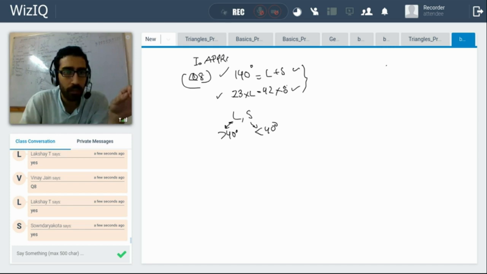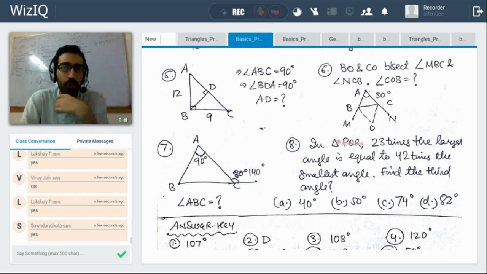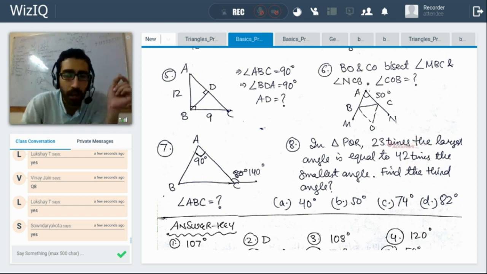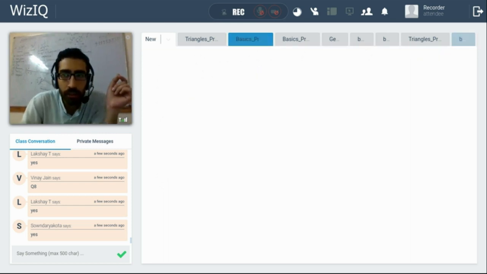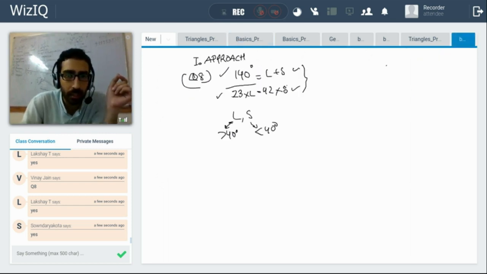The easier approach for such question types is always focusing on this relation directly. If 23 times the largest angle is equal to 42 times the smallest angle, just assume that these angles have natural number values. This method is more trial and error than anything else.